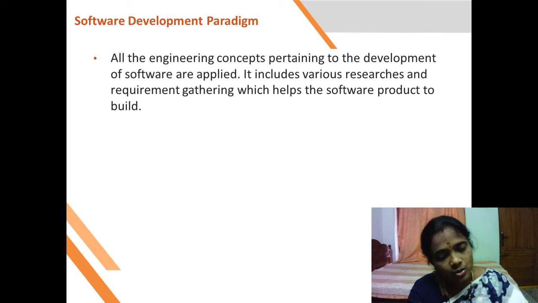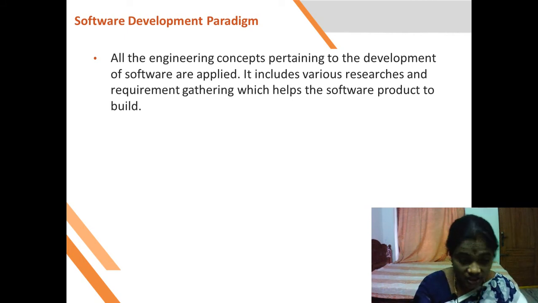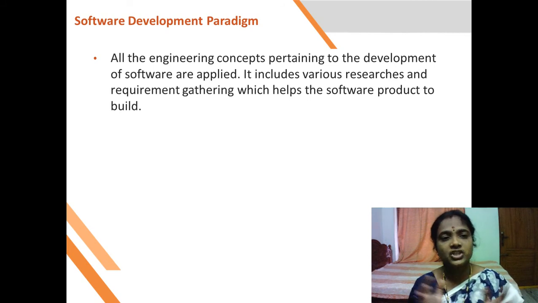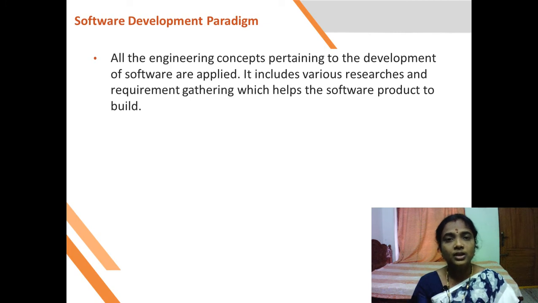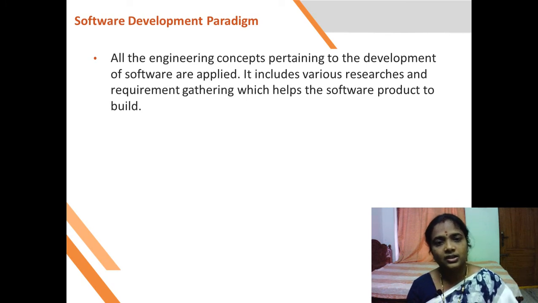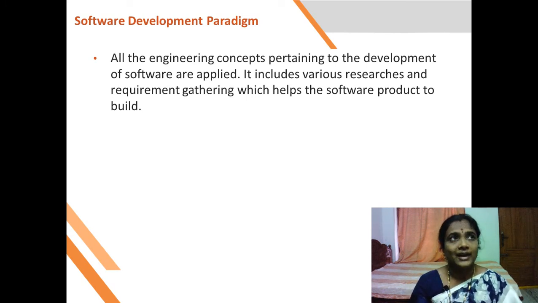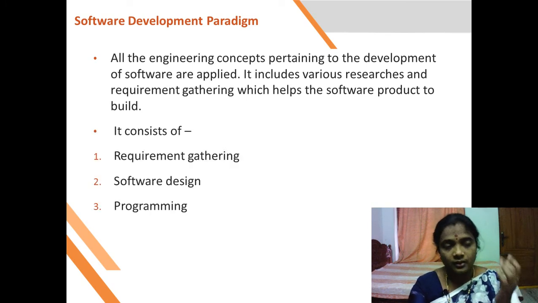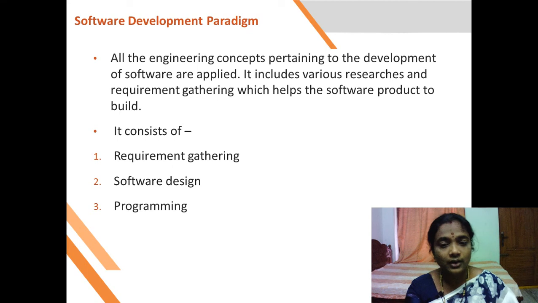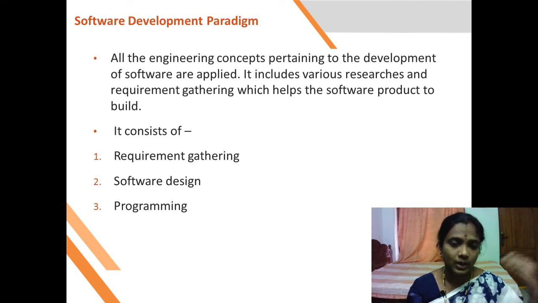This paradigm is also known as the software engineering paradigm, where all the engineering concepts pertaining to the development of the software are applied. It includes various activities like gathering the requirements from the user or client, which help in developing the software product.